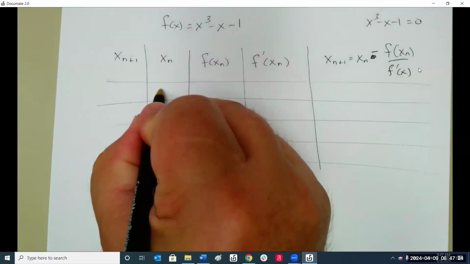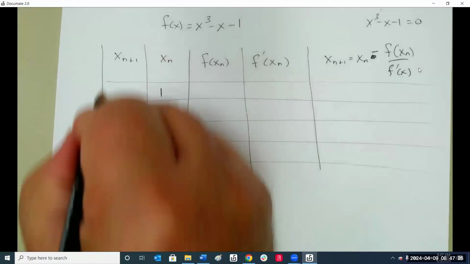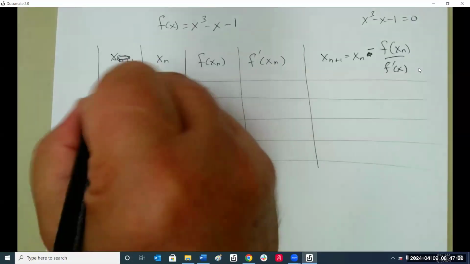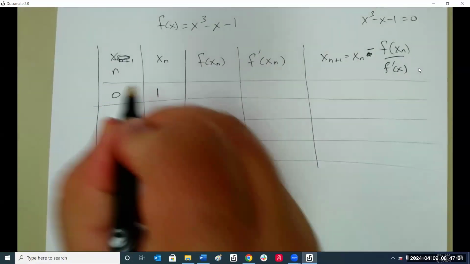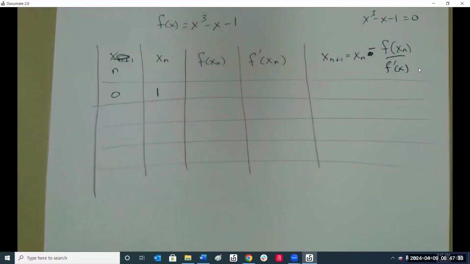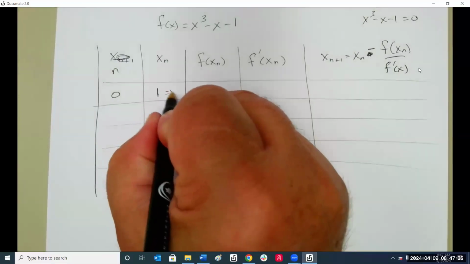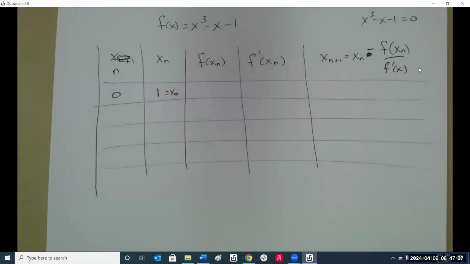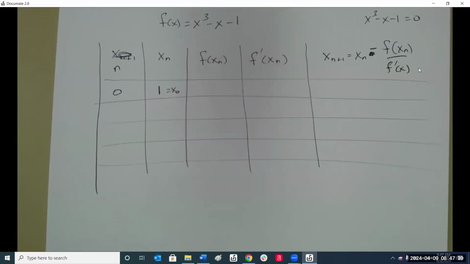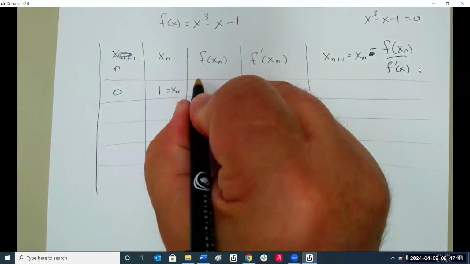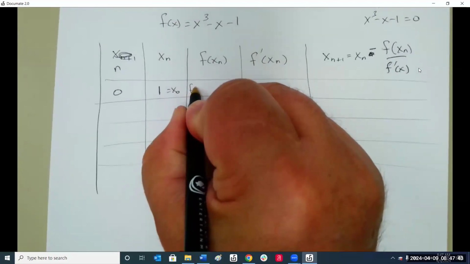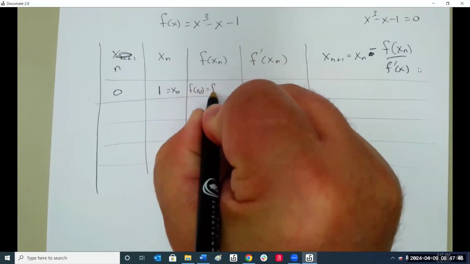You pick an initial x value. Because I'll make this n. My initial guess, I'm saying 1. This is x sub 0. So my f of x sub 0 is f of 1.